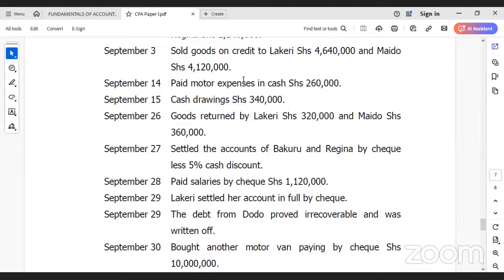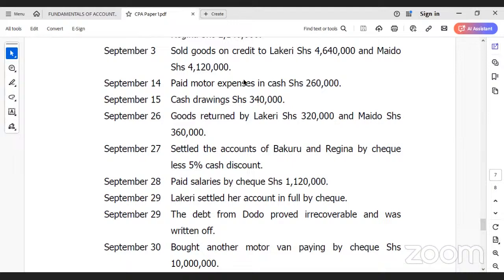We need Lakiri's account, Maido's account, and then the sales account. So prepare those accounts very fast. There are 3 different accounts. Prepare them, and after preparing them, we'll see what to do.